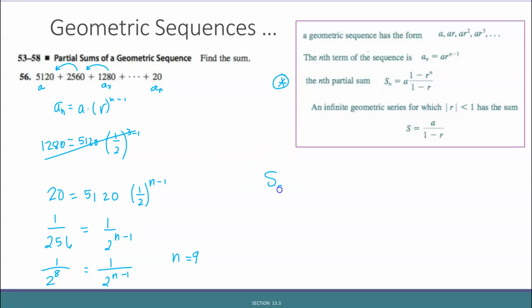We're adding up the first 9 terms of this sequence. We have a, which is 5120, our first term. Then we have 1 minus r, which is 1/2, raised to the 9th power, all over 1 minus 1/2.